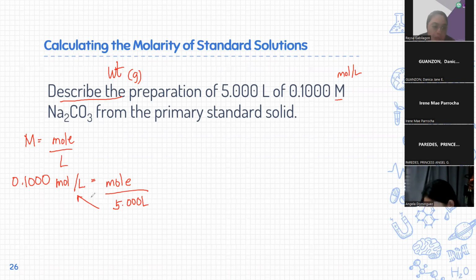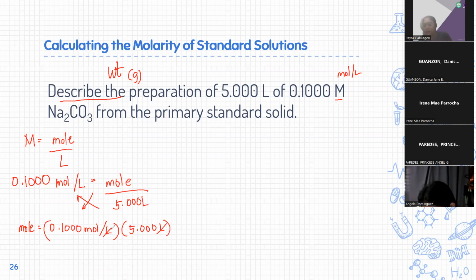And then again, we are looking first for the moles. So cross multiply this one. Baba natin si moles. And then this will become 0.100 moles per liter times the 5.00 liters. Cancel this one. Oops, I don't have my calculator here.